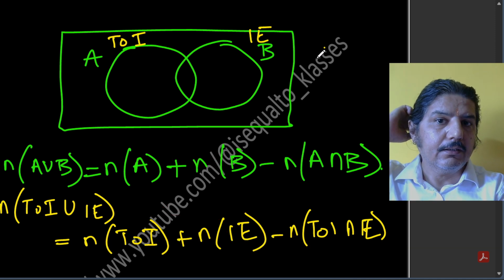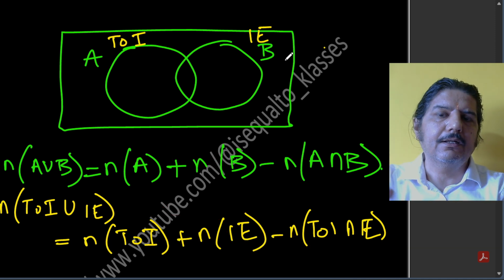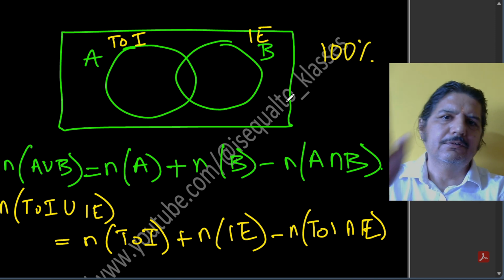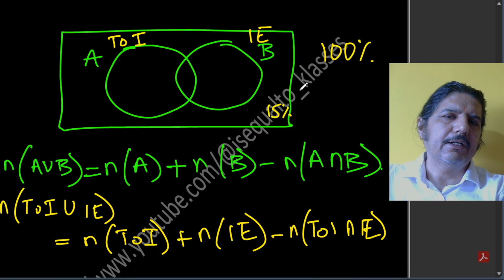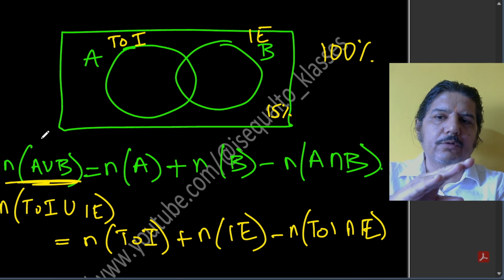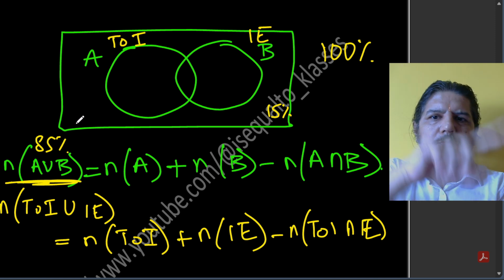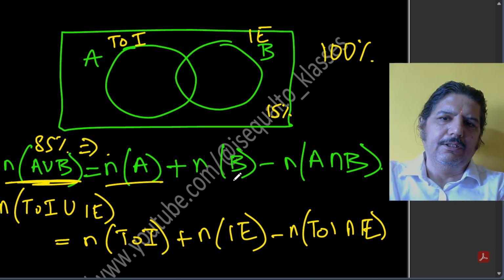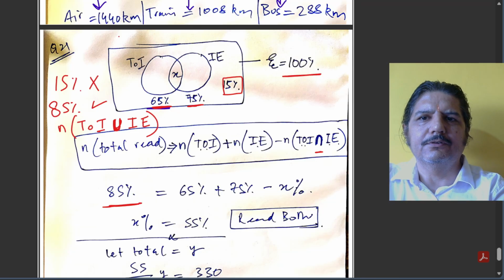Another thing in the newspaper problem is that if 100% are being surveyed, 15% anyways don't read. So this union, A union B, is actually 85% of the total population. And then you put the value of Times of India, Indian Express, and this value. That is how it is done.